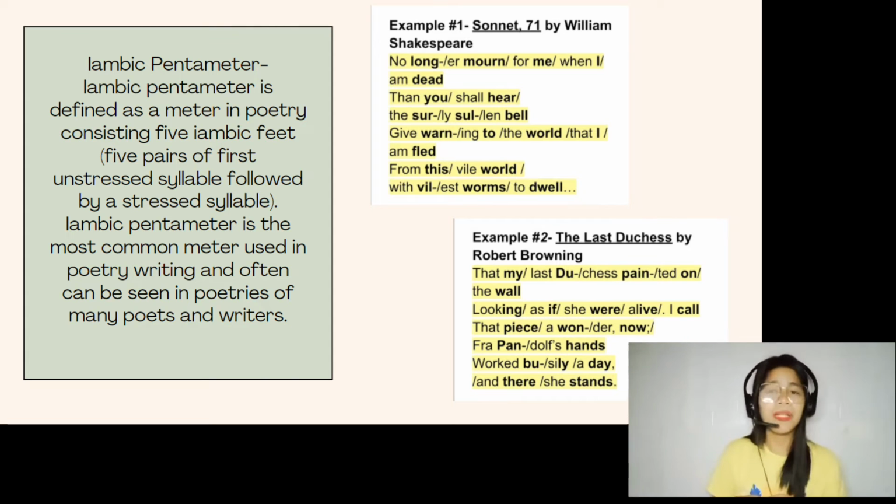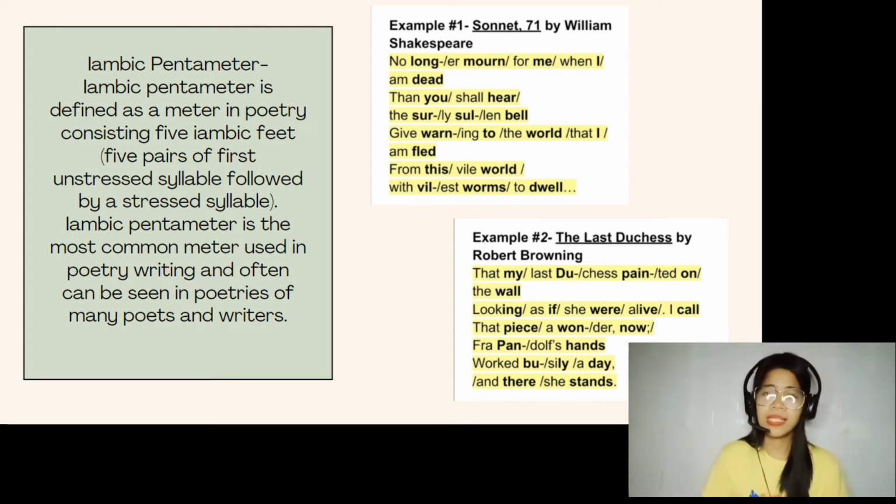Iambic pentameter is the most common meter used in poetry writing, and it can be seen in the poetry of many poets and writers, such as William Shakespeare and Robert Browning.